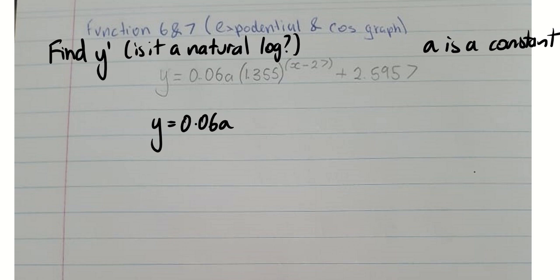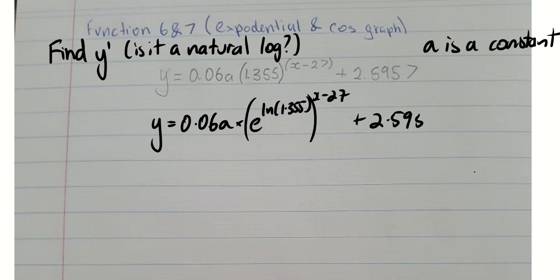Instead of writing 1.335, I'm going to write e to the power natural log of 1.355, and all of this will be to the power x minus 27. You can verify on your calculator that these two expressions are the same.